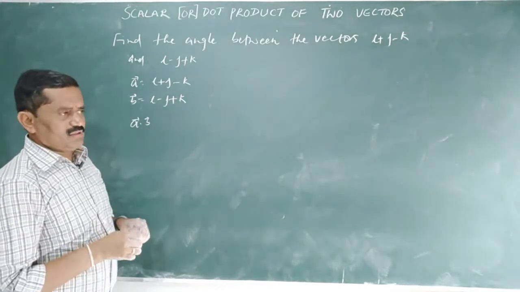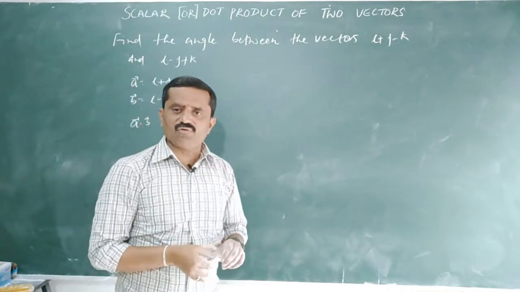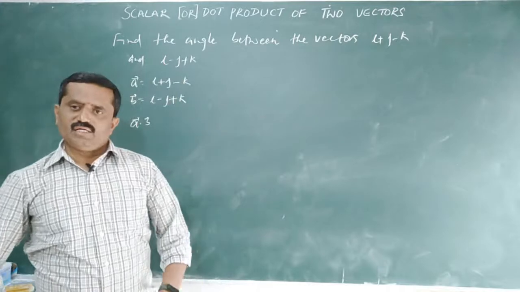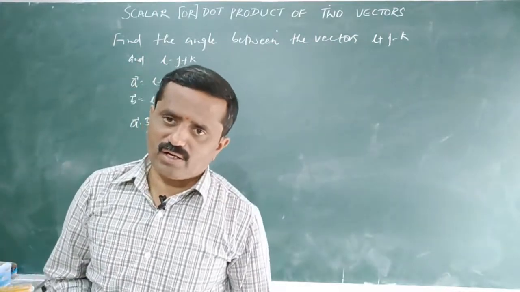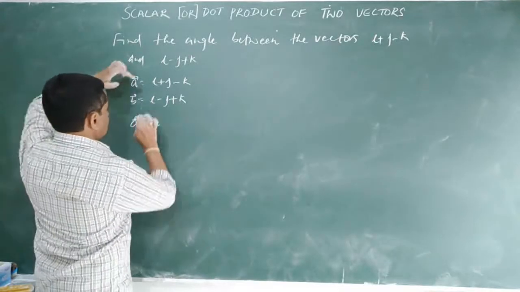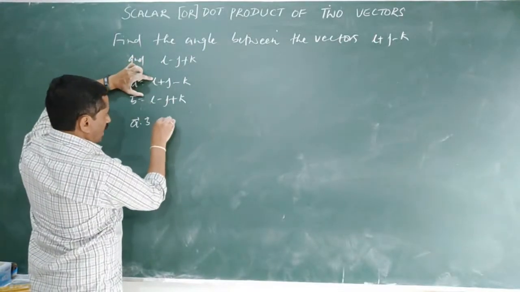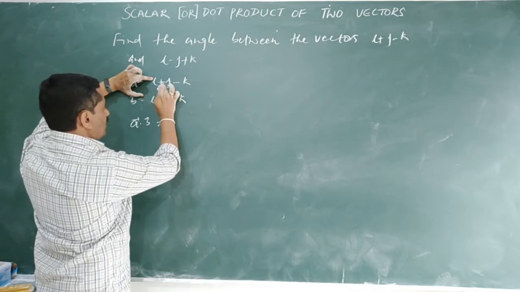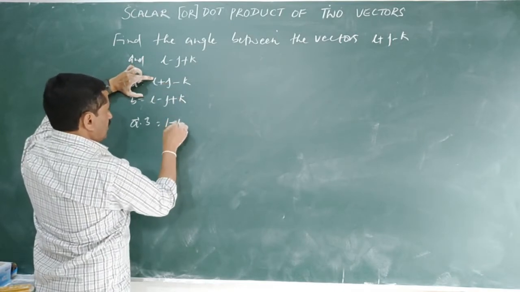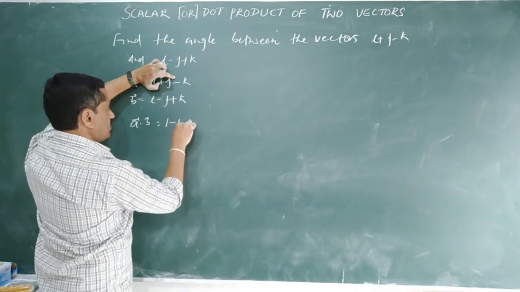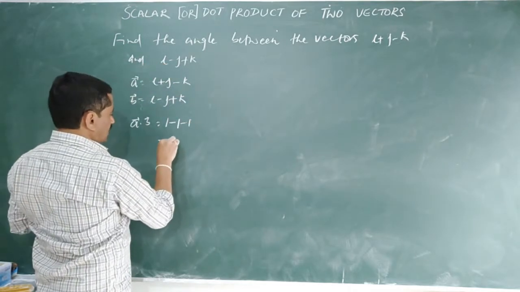To find the angle between two vectors, theta is equal to cos inverse of a bar dot b bar divided by magnitude of a bar into magnitude of b bar. So that is 1 into 1, we have 1, plus 1 into minus 1, we have minus 1, again minus 1 into plus 1, we have minus 1, so that is equal to minus 1.